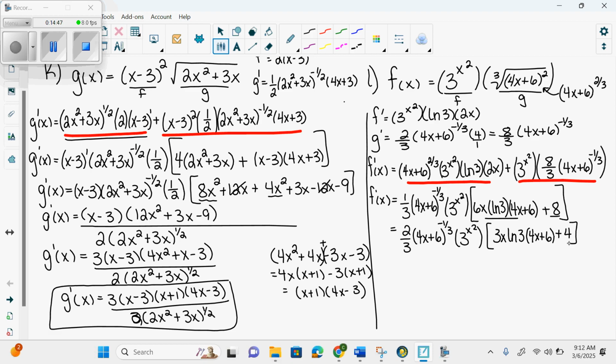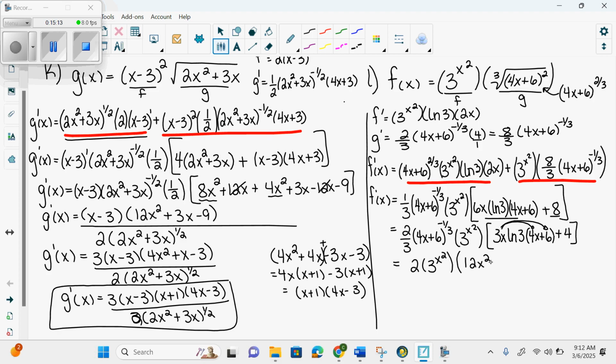The 3 drops to the denominator, the 4x plus 6 drops to the denominator, so I'm left with 2 times 3x squared. And then here I would get that, and then that. So I'm going to get 3x times 4x is 12x squared.